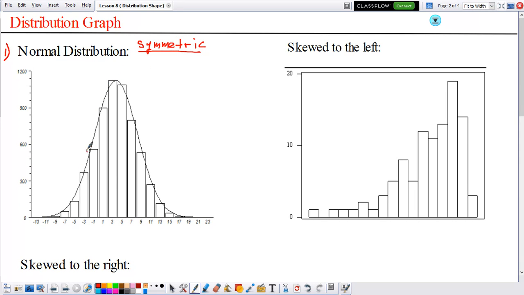Symmetric is that if you cut this graph right in half, you can get the right side, and if you flip it to the left side, you're going to have the same shape. So imagine that we have the graph cut in half. Imagine that you graph this section and you flip it to the left side.